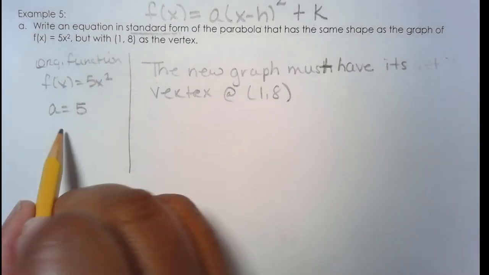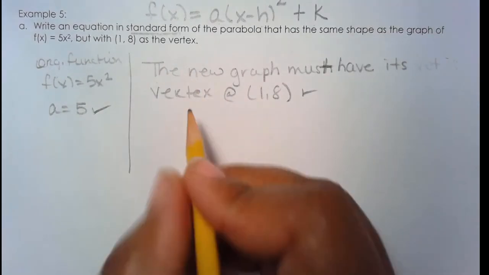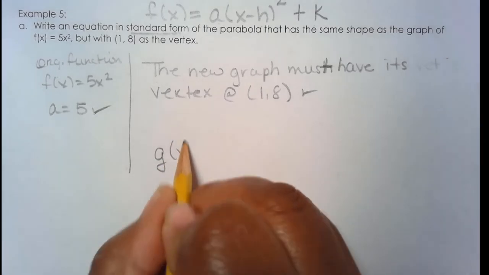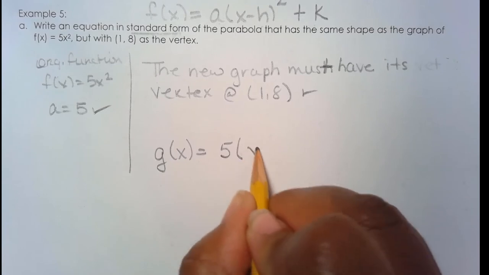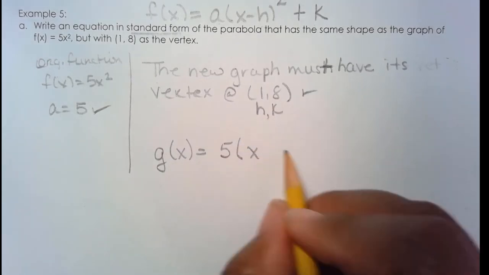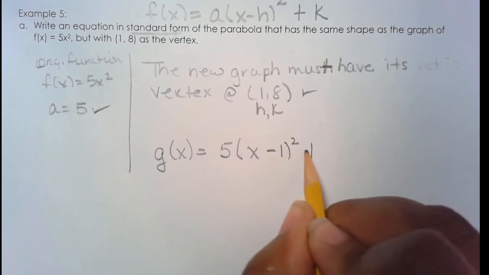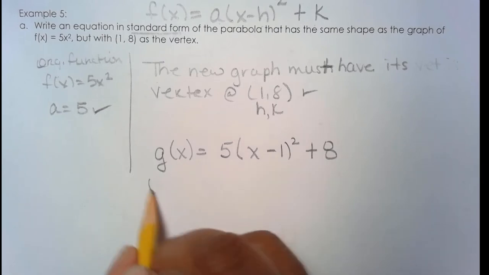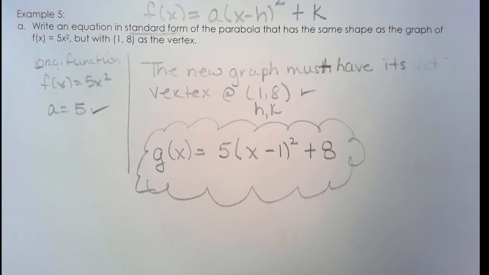Okay, so now we have our a value, we have our vertex. Let's plug everything in. We'll give the function name g of x. g of x is equal to our a, 5 times x minus, here's our h, here's our k. So we have minus 1 squared plus 8. So this would be our new equation. And that is it for this example.